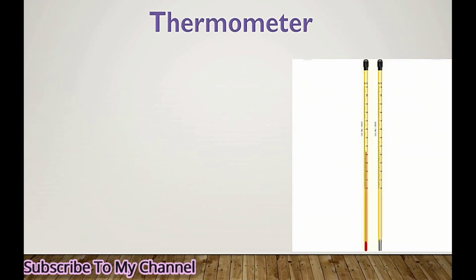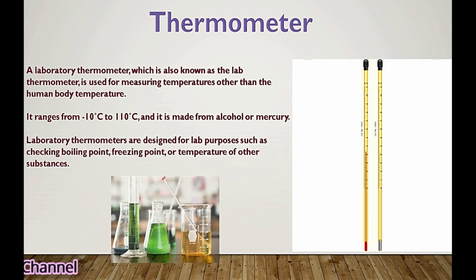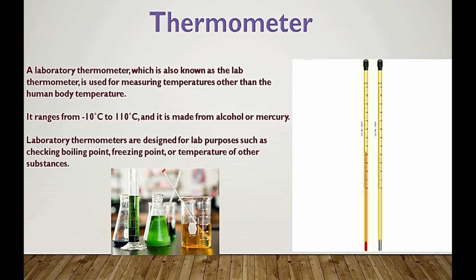Next apparatus is thermometer. A laboratory thermometer, which is also known as the lab thermometer, is used for measuring temperature other than the human body temperature. It ranges from -10 degrees centigrade to 110 degrees centigrade and is made from alcohol and mercury. This red one is filled with alcohol, this silver one is filled with mercury.